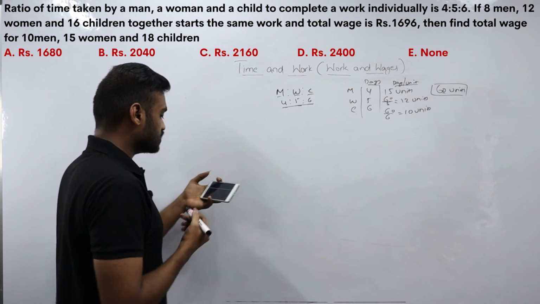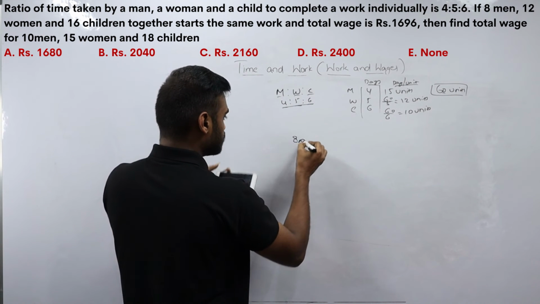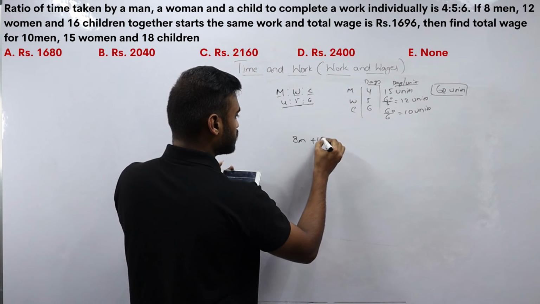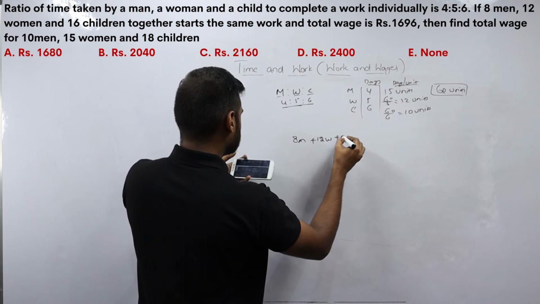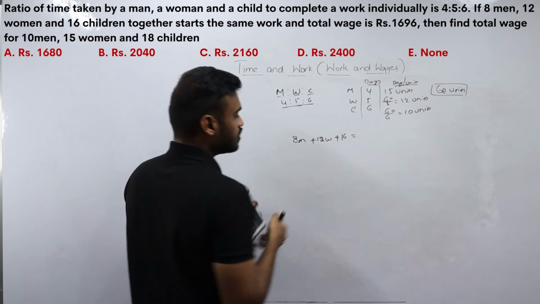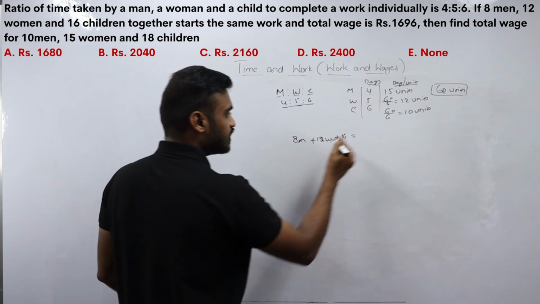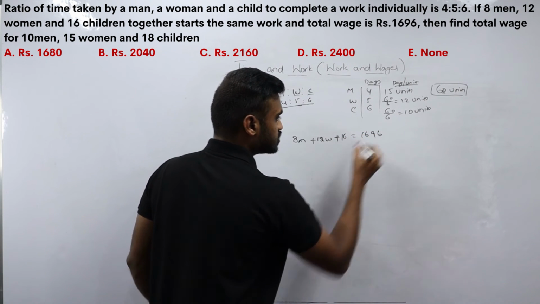Okay, now they are saying that 8 men and 12 women plus 16 children can complete the job and their total wage is 1696 rupees.